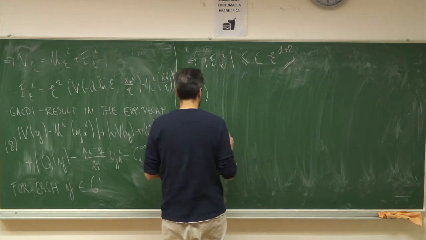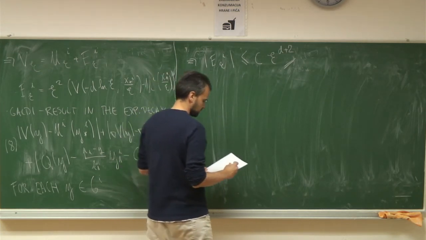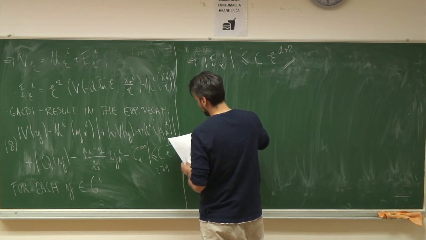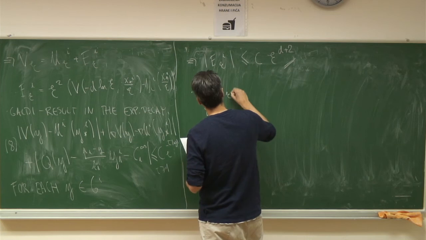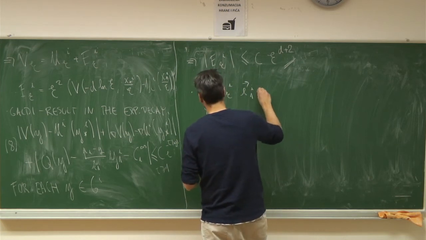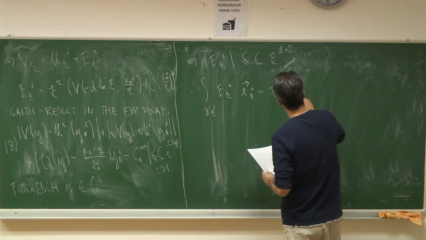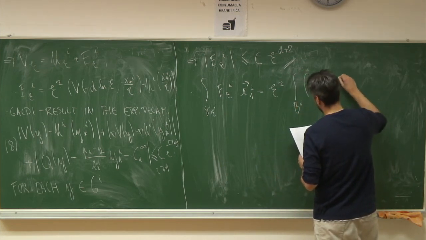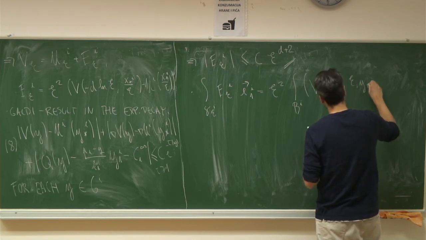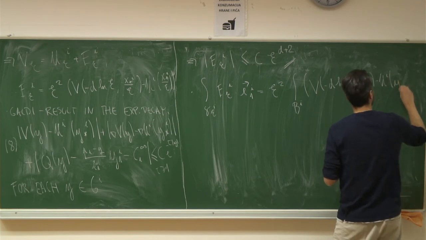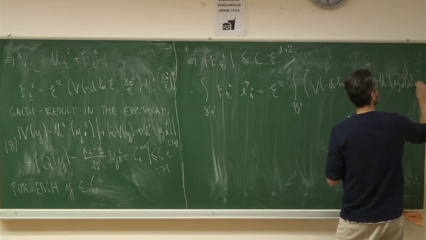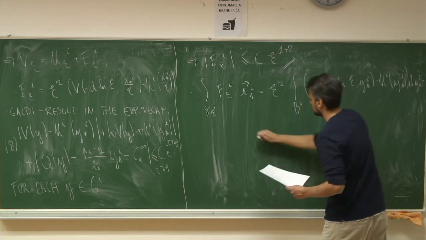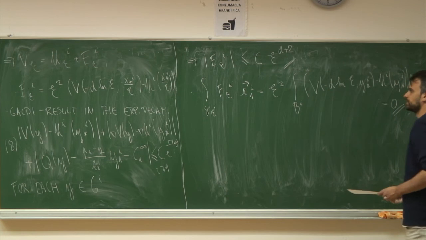And what you also need to check in order to define the correction for this estimate is the integral over the interface of E epsilon I times E1 I. So it's epsilon squared over BI, integral over BI, of V of minus D ln epsilon Y star I minus UI Y star I. Okay, so this can be computed to be 0.